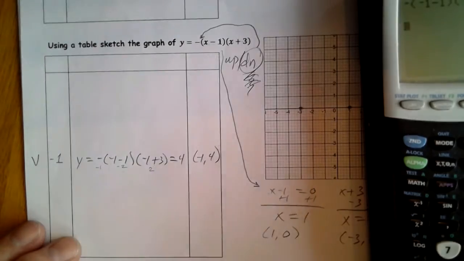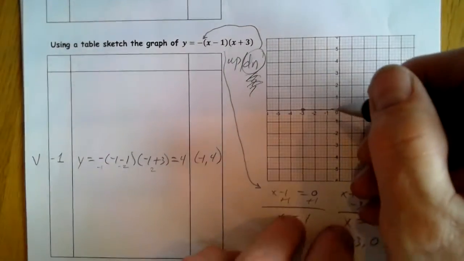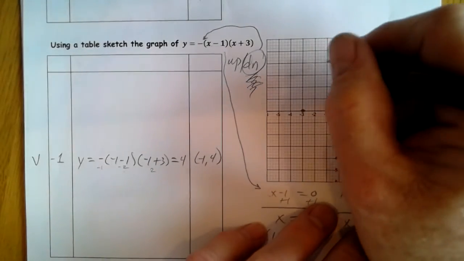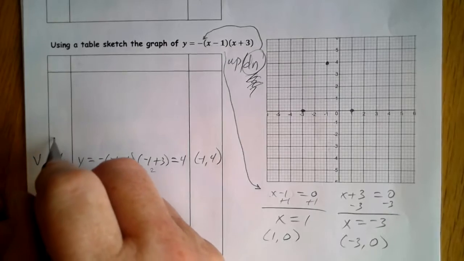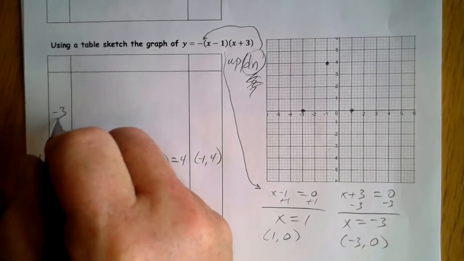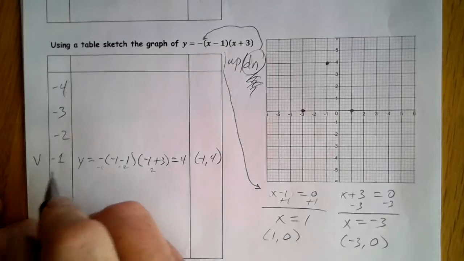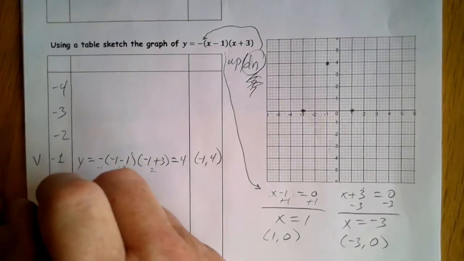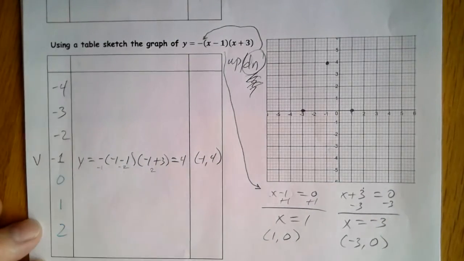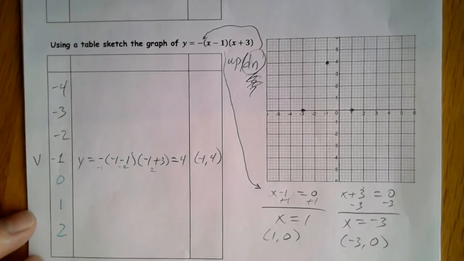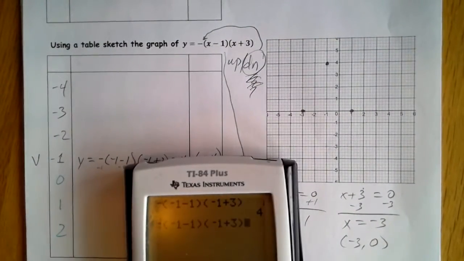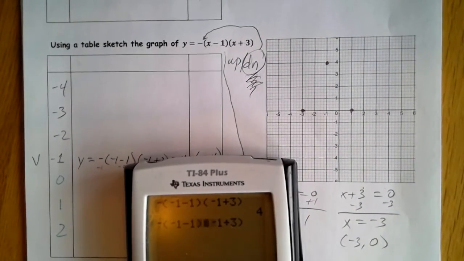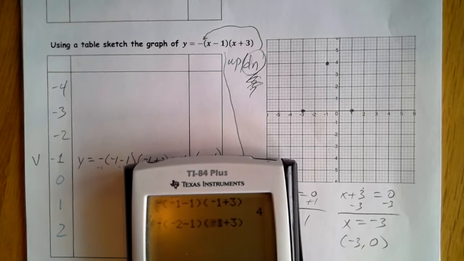Okay, so if this is -1, this is going to be -2, -3, -4. This is going to be 0, 1, 2, because I'm only going to go 3 above and 3 below, and I'm going to use symmetry. So, you know me, I don't like to work hard. I'm going to change this to a 2, and change that to a 2 for my -2. So now what I have is -2 minus 1.